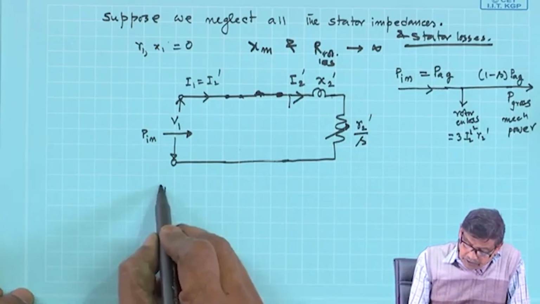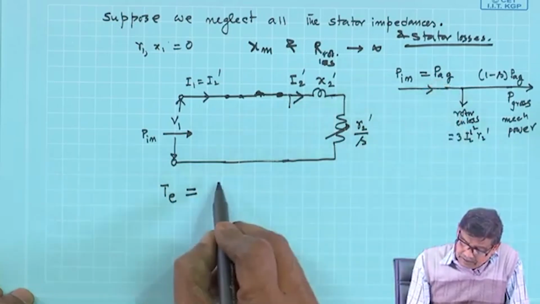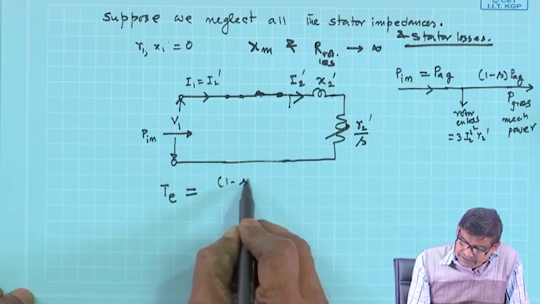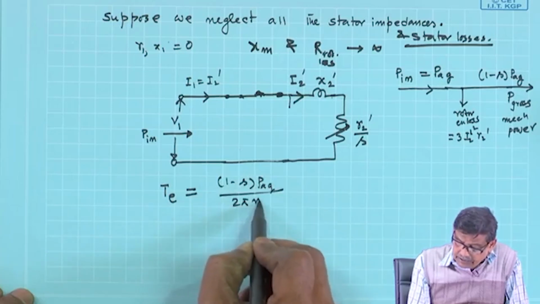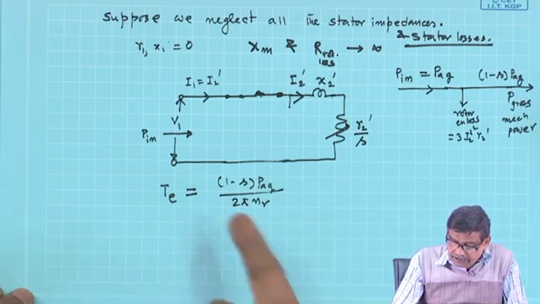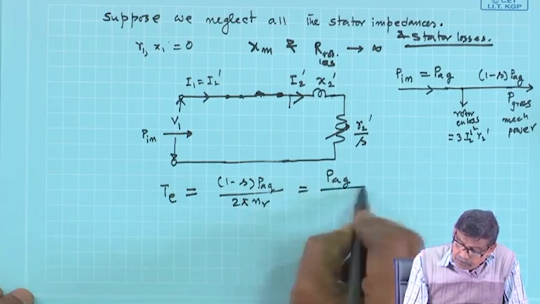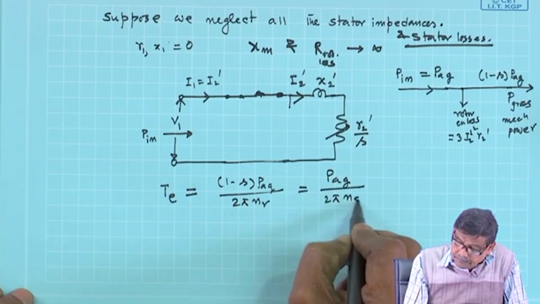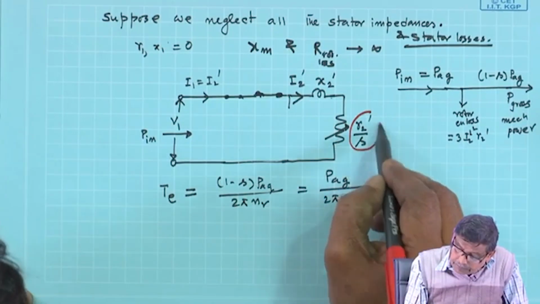Therefore, torque developed by the machine will be 1 minus S into PAG, divided by 2 pi n r. Suppose the machine is running with a slip S. So, this comes out to be PAG by 2 pi n s. And what is air gap power? It is represented by the power here.